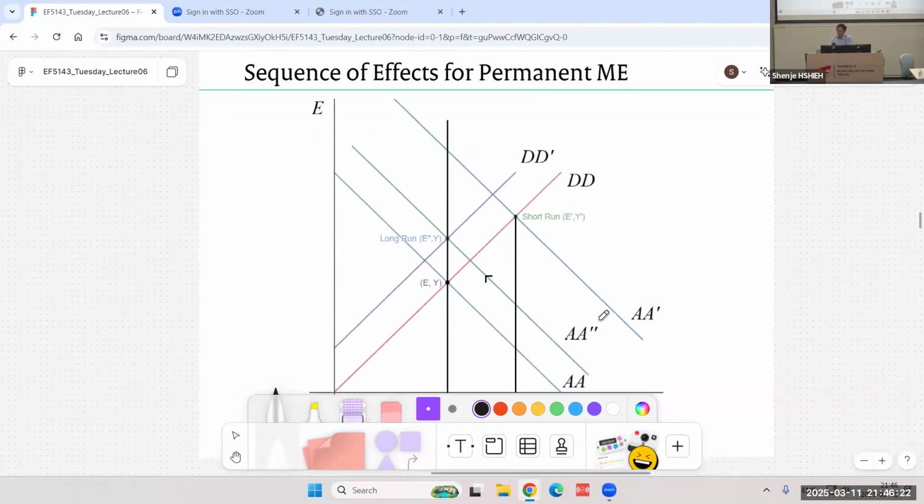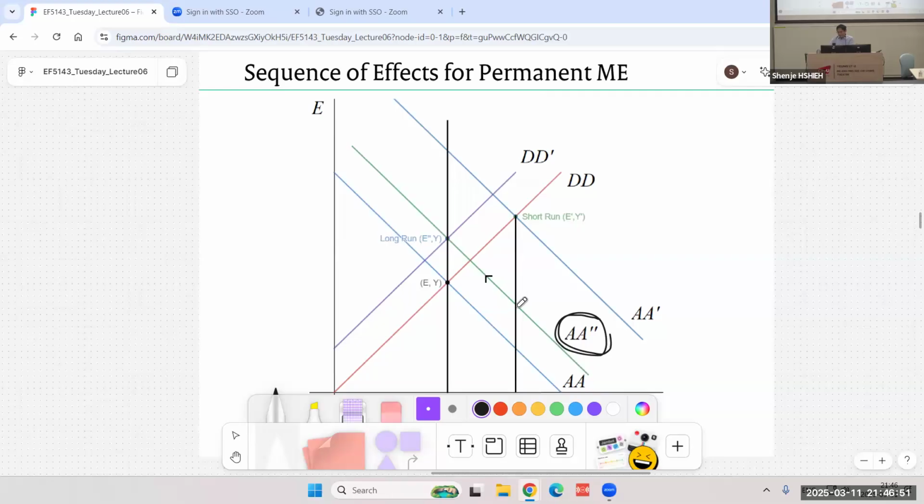It's not too bad because for the AA schedule, for the long-term AA schedule, we try to incorporate the price change already, right? So we don't need to think about this anymore in the long term. So from AA to AA prime, that's when we have sticky prices. When we get to AA double prime, prices have already increased to eliminate any change in MS. So it's only reflecting the change in expectations, right?